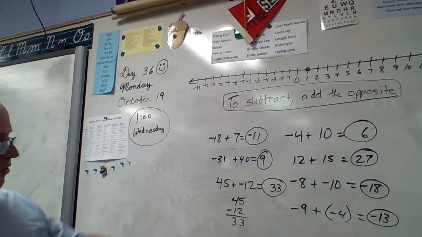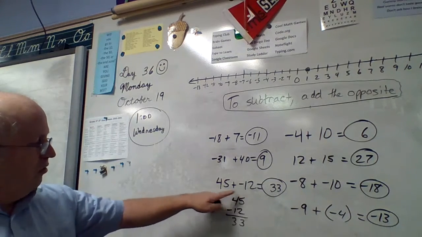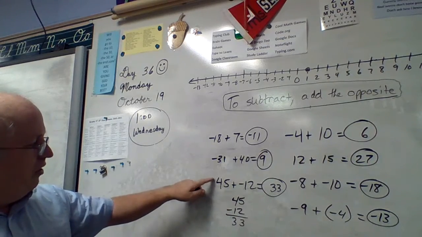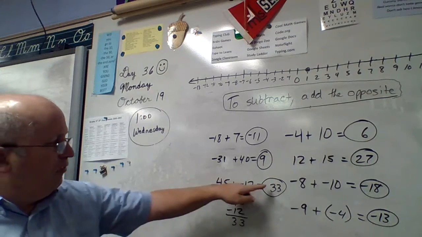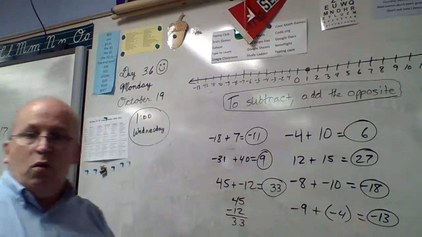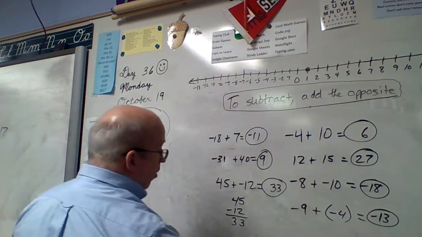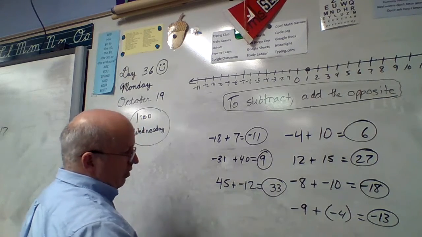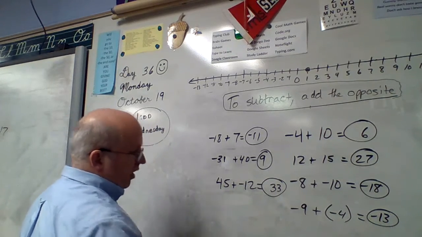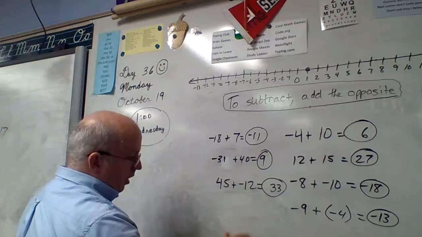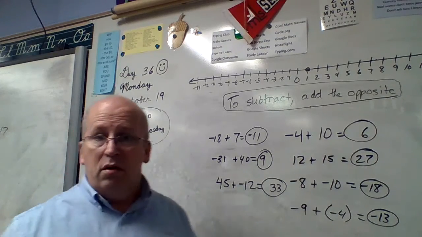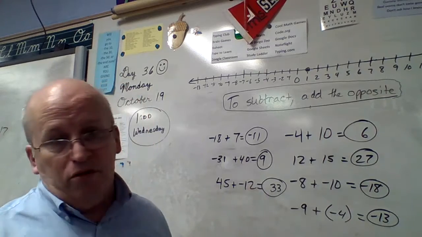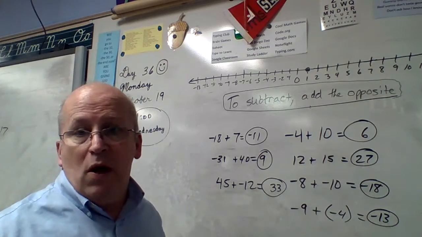Step 3 of the 3-step rule says look at their absolute values. Which one had the bigger absolute value? This one did. So I share its sign, positive 45, with my answer. So the answer to this one is positive 33. Or, if you can imagine me writing 45 positive signs here and 12 negative signs here, and then pairing them up, what are we going to be left with? We're going to be left with a bunch of positive signs, right? And so that tells me this is a positive number as well.